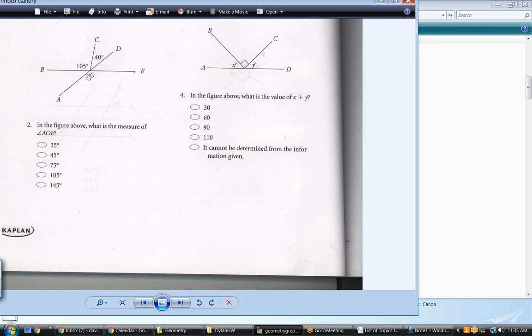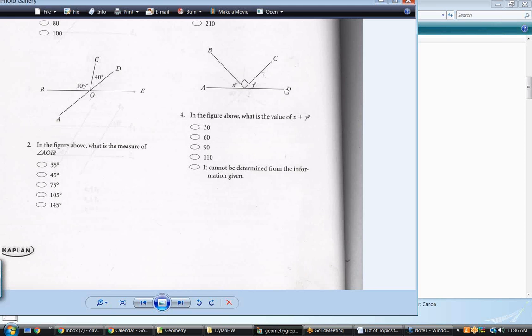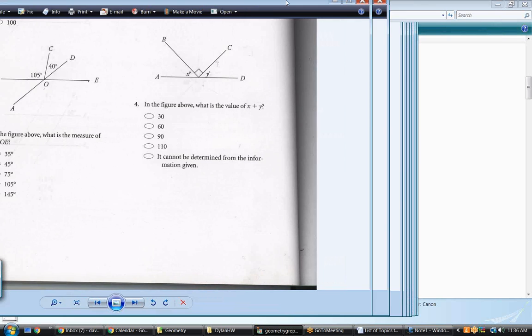AD crosses BE. So this angle right here has only one vertical angle, and that's from there to there. So what is its measurement, I should say? 145. Good.